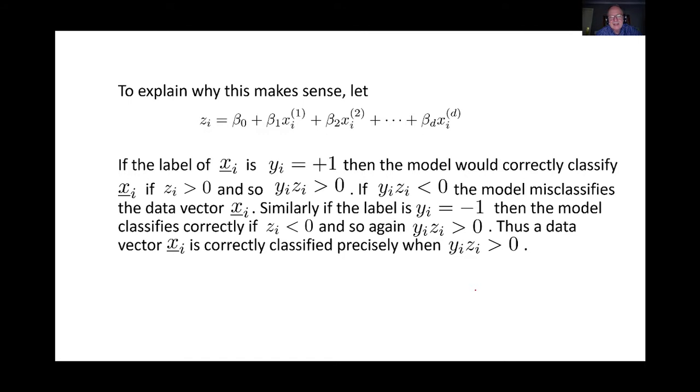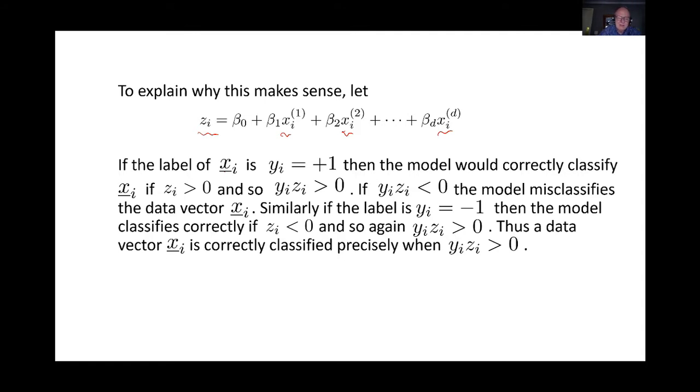So let's look at a data vector here. That's xi. Here are the components, xi1, xi2, xid. And if we're given some coefficients, beta 0 and so on, we can compute this as zi here. So suppose the label of this data vector xi is plus 1. It's a data vector in our training set, so it has a label. And what would we want then?